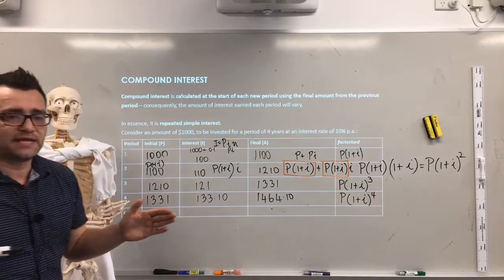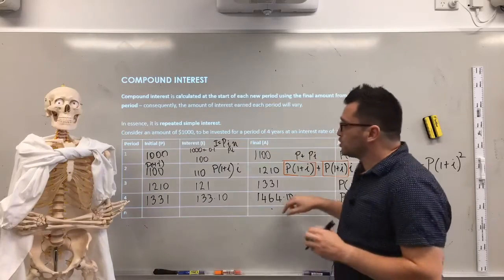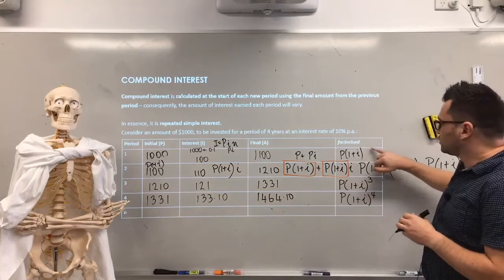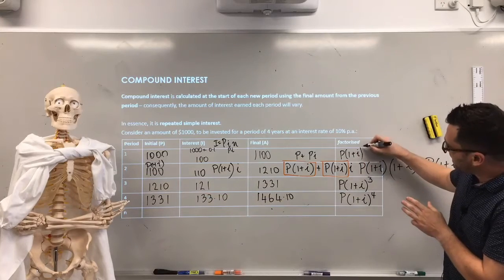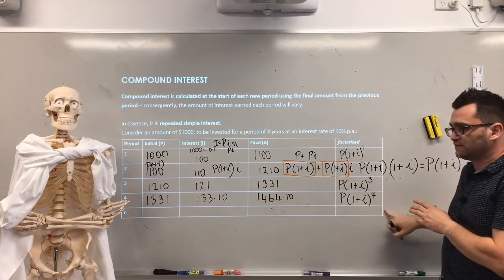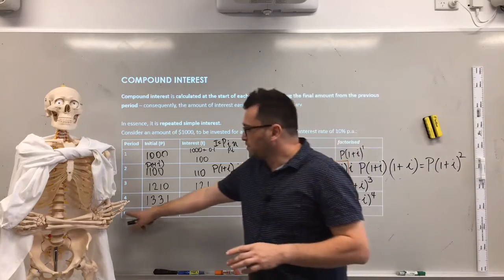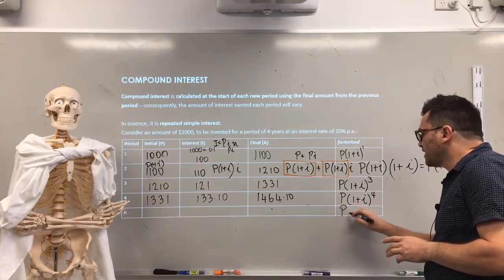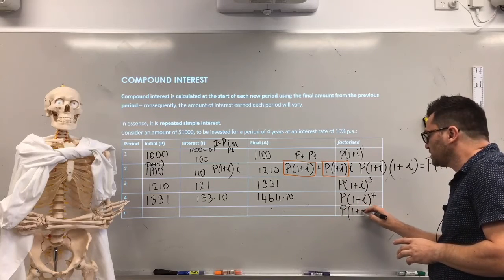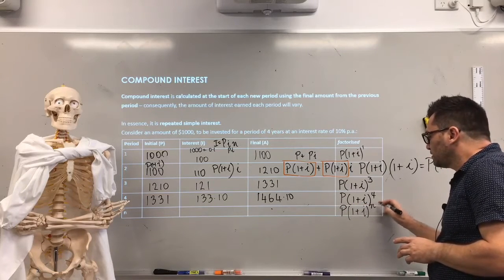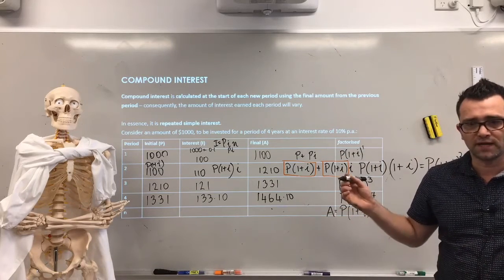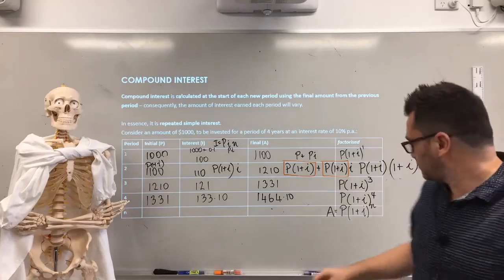And the link that we can get here is with our terms, whatever our term number is, the closing balance is just the power at the end of this formula. So if I've got n terms, in the end, my closing balance is going to be the principal times 1 plus I to the n. Voila.